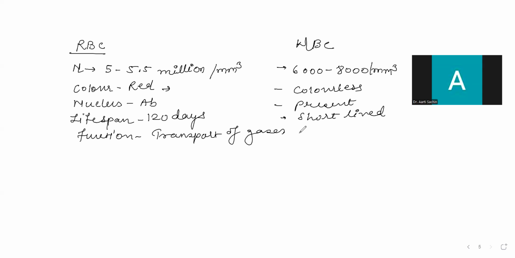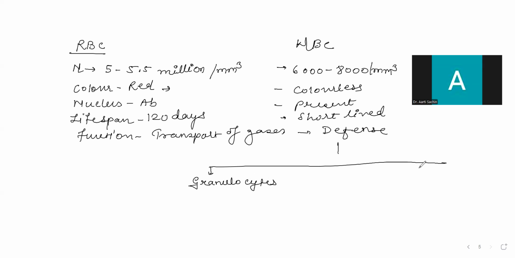Okay, and the main function of WBCs is defense. There are basically two types of WBCs: granulocytes and agranulocytes. Granulocytes means granules are present in their cytoplasm, while agranulocytes means there are no granules in their cytoplasm.